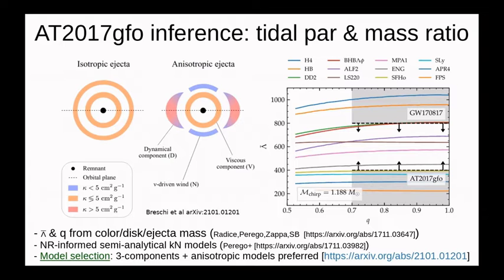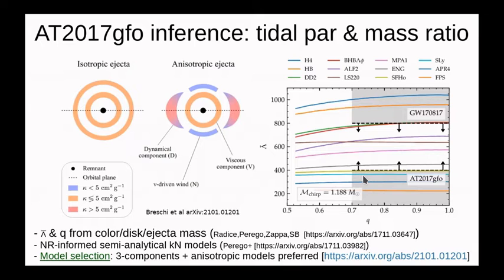Numerical relativity simulations show that the mass of this disk correlates relatively strongly with the reduced tidal parameter and the mass ratio. So in the case of the only observation that we have, this is immediately translated into lower bounds on this parameter, which is shown here in this plot.